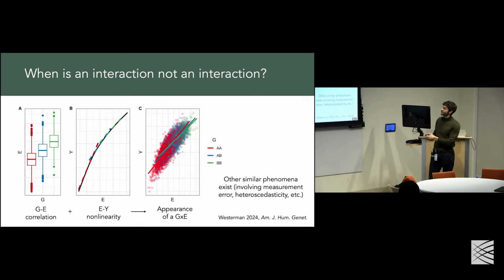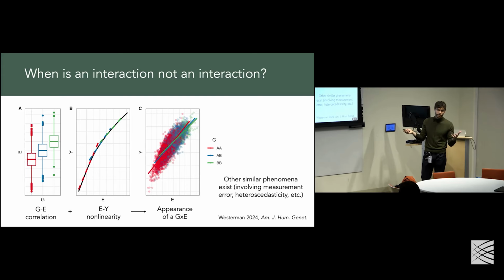But you can see that this is a subtly non-straight line here in this E-Y slope. That can actually produce the appearance of a G/E, where now if you stratify by genotype and you look at the relationship between this simulated exposure and outcome, these lines are subtly not parallel.